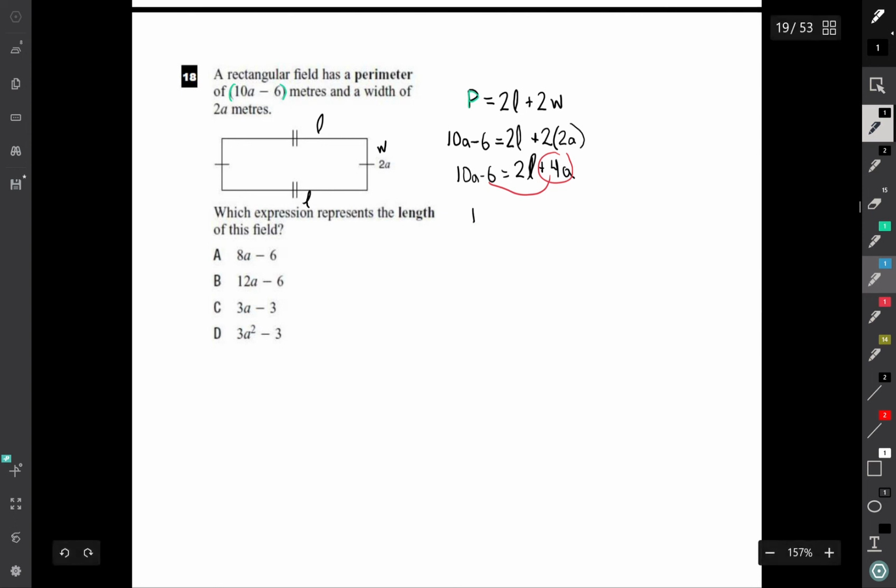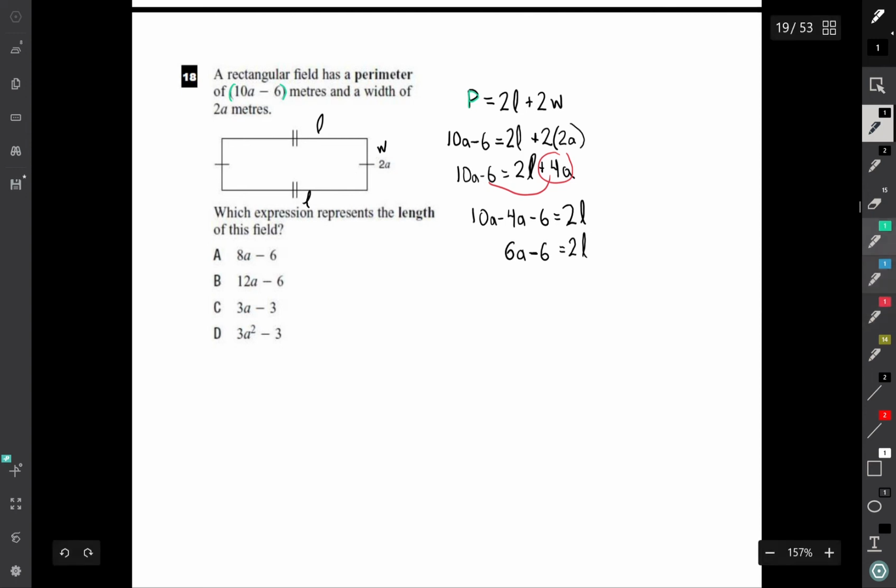So I get 10A minus 4A, and I still have that minus 6. Then I have 2L. Let's keep simplifying. 10A minus 4A is 6A, minus 6 equals 2L. I can't simplify anymore, these terms don't go together.